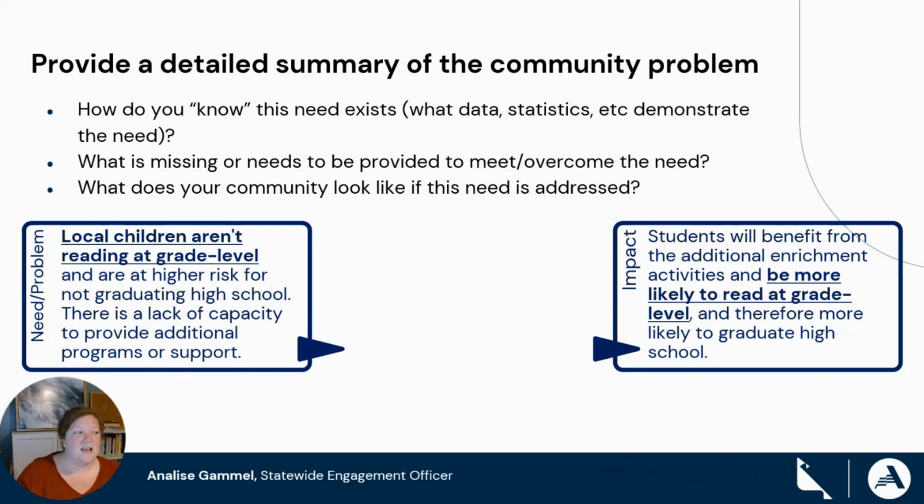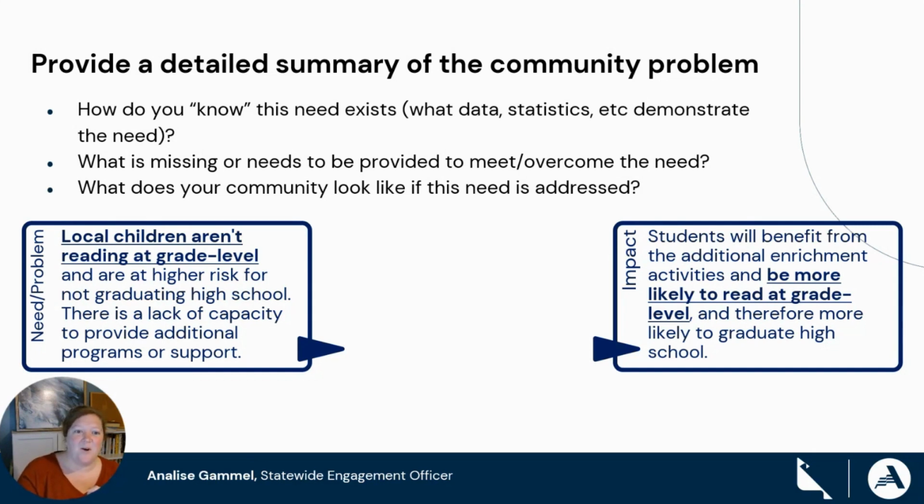And so it's helpful here to be thinking through: are you coming at it from a teacher preparation perspective and thinking about the education system? Are you coming at it from a student perspective and thinking about student services? So this is really where you get to hone down your community need from "this is a giant need" to "this is specifically how I anticipate going about addressing the community need."